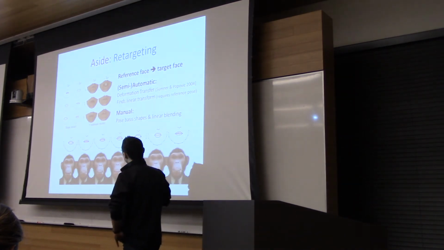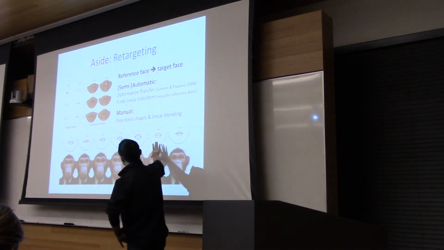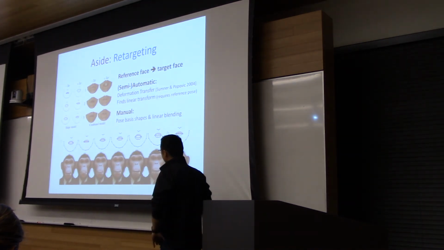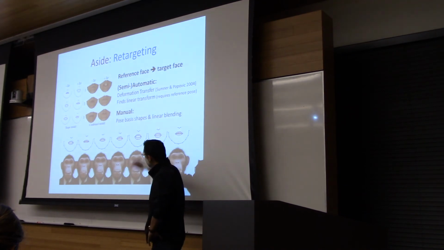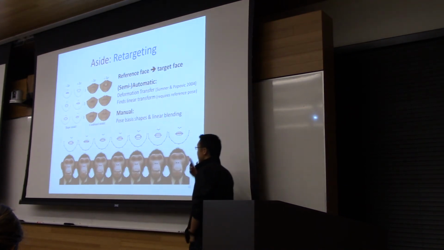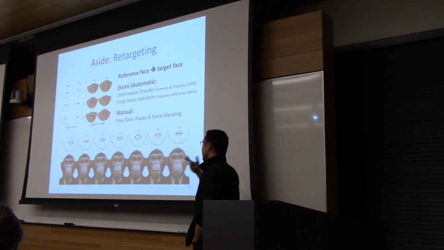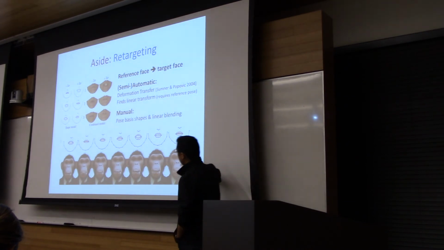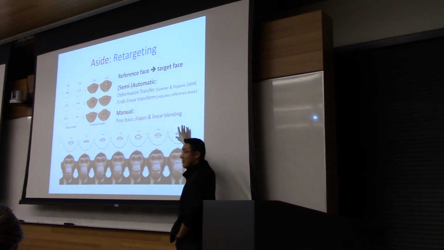So what happens is you have, in this case, 6 basis shapes, of which you can approximate all the other shapes of this mouth as a linear combination. And then you have this other face model that has a parameterization that's completely different from the parameterization of this face.